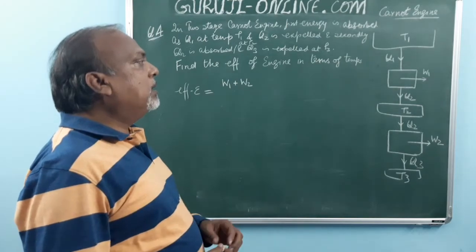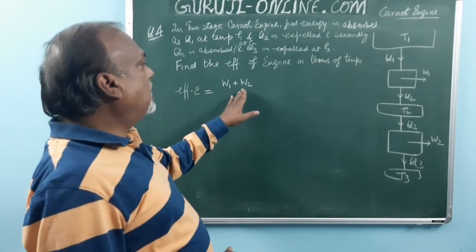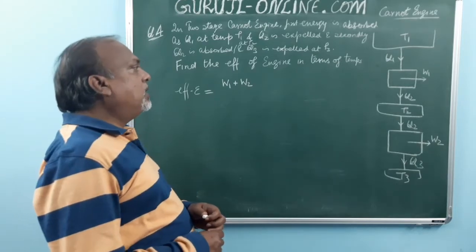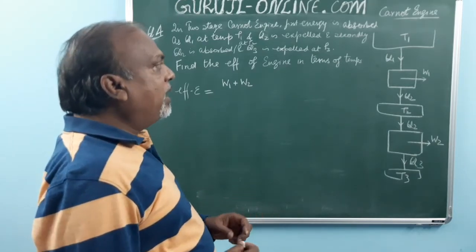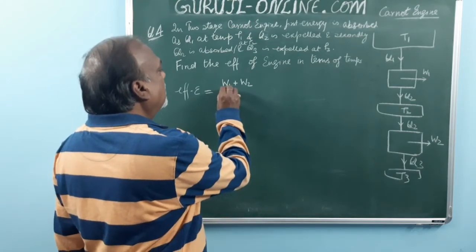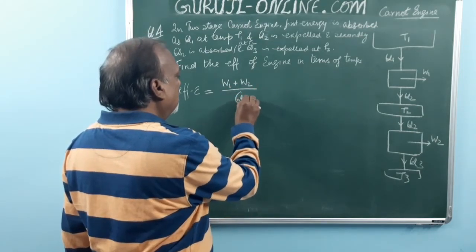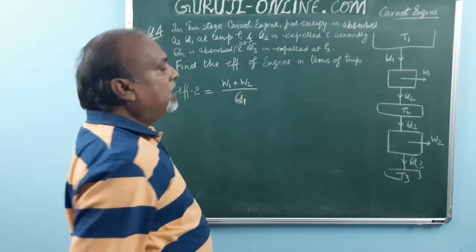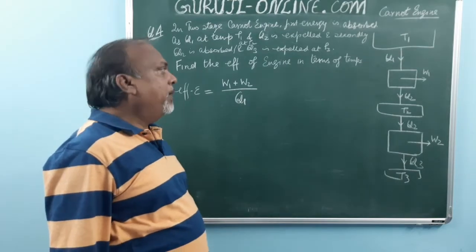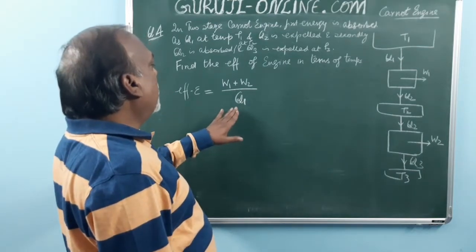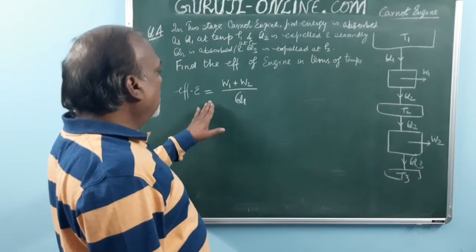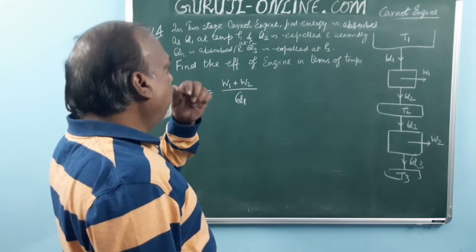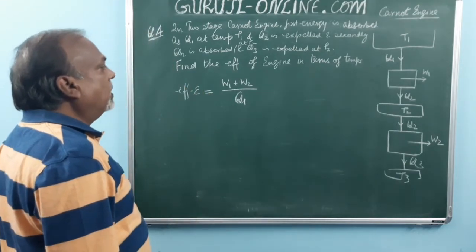This is giving W1 plus W2 as output, and this is what we are interested in. And what is input basically? Input is nothing but Q1. Initially, this was the energy we had given. So this is basically the efficiency. But we have to find the efficiency in terms of temperature.